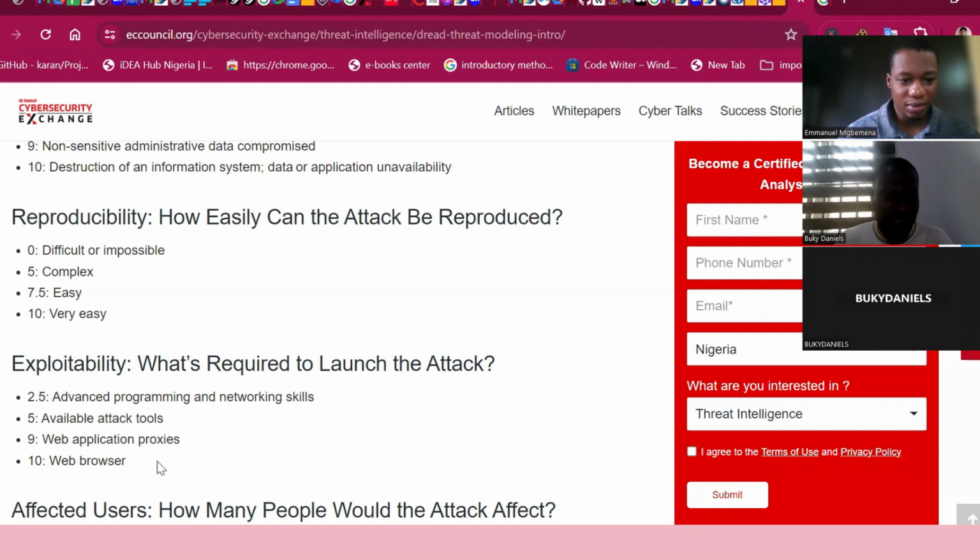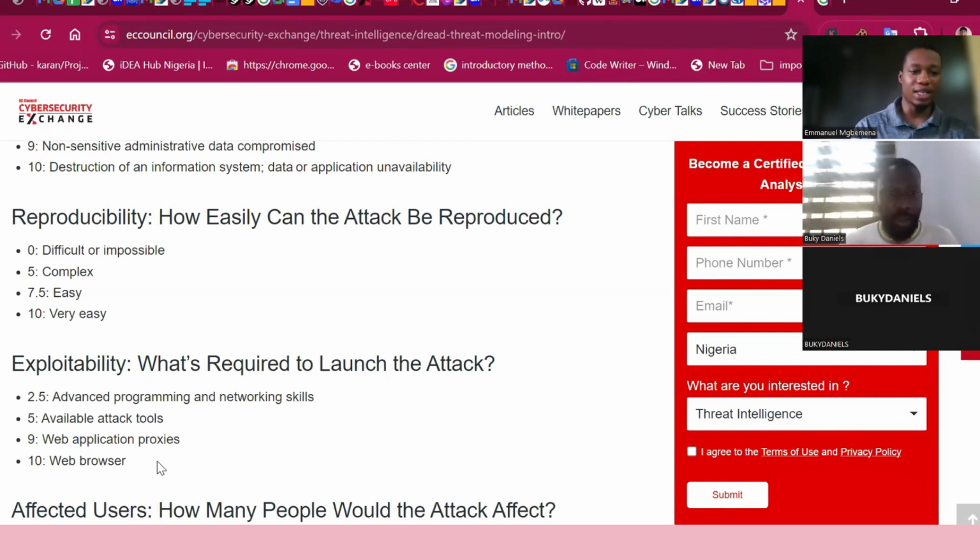I think this exploitability depends on where you're coming from. If you are coming from a web browser, that means you're coming from that web server point. Then I think it requires available attack tools, if you are to ask me.